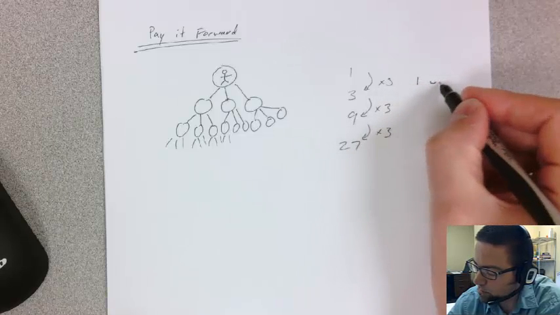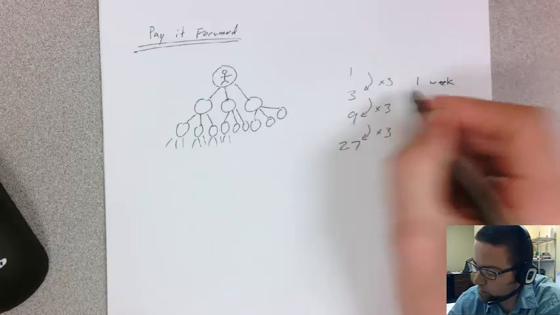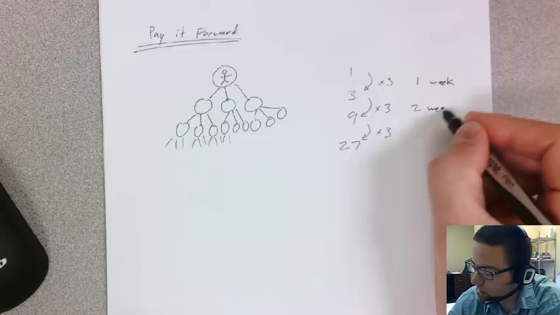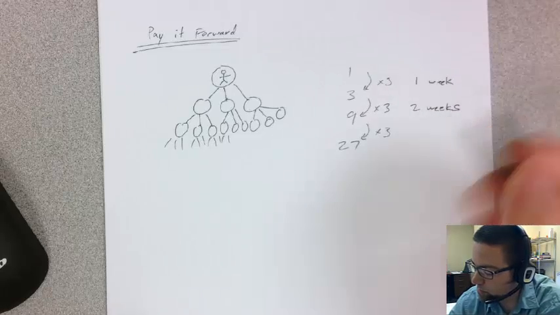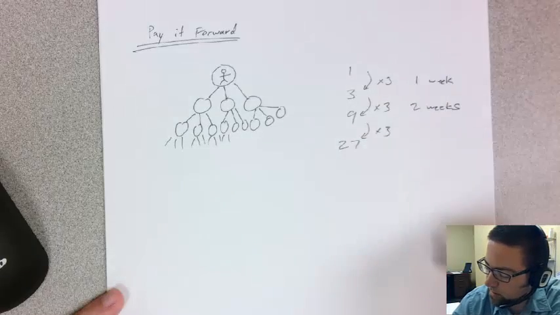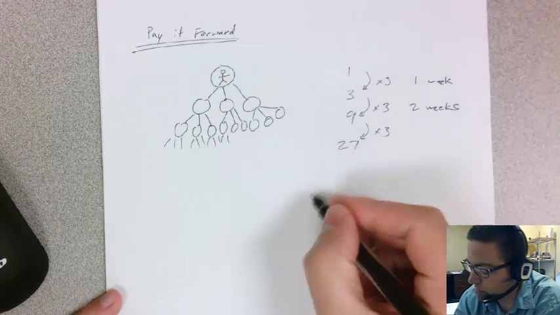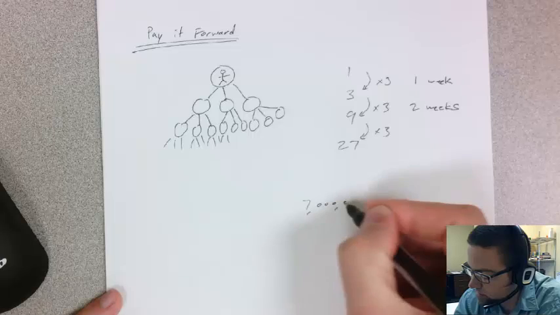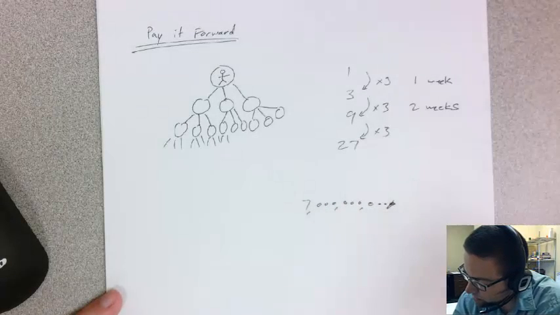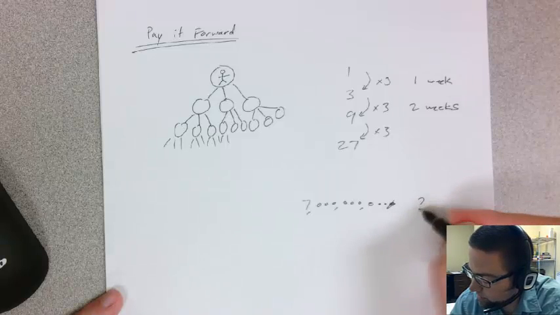So 1 week, at 1 week, 3 people are helped. At 2 weeks, 9 people are helped, and so on. So how many weeks will it take to reach 7 billion, right? Too many zeros there. So how many weeks, right?